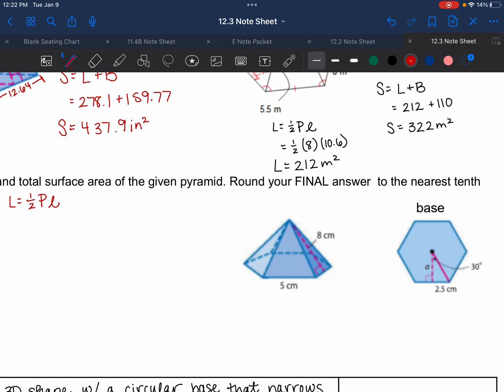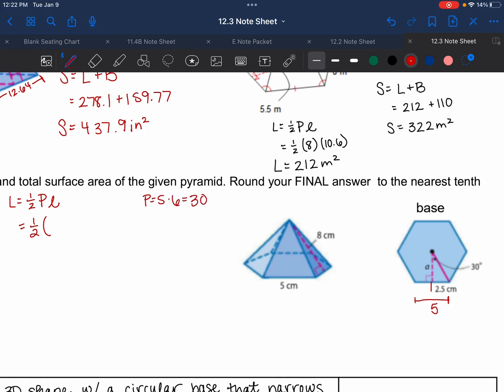So 1/2 times the perimeter of our base. We have an image of our base, and half of this side length is 2.5. So this entire side length of our regular hexagon is 5. So our perimeter is 5 times 6 because there's 6 sides. 5 times 6 is 30.